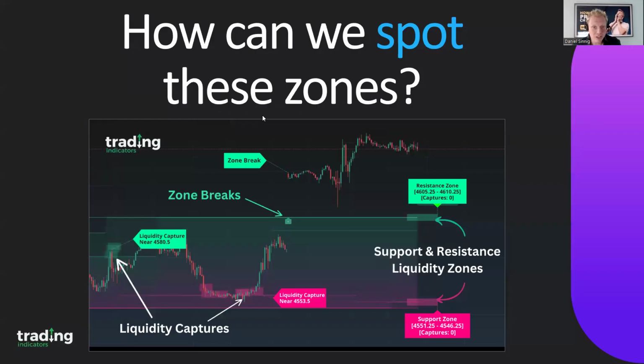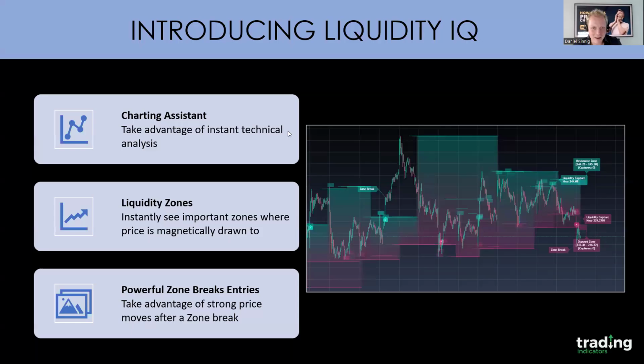All right, now the question is, how can we spot these levels, these areas? Well, I have the answer for you. We have developed a tool called Liquidity IQ, which is designed to print exactly these levels of importance onto the price chart. These support and resistance levels where volume is typically abnormally high.